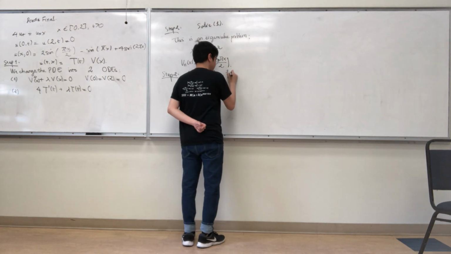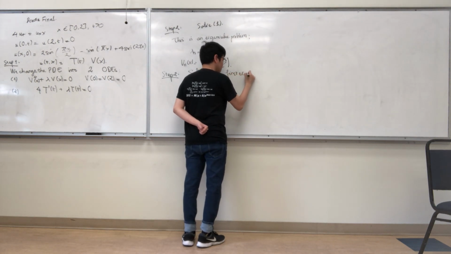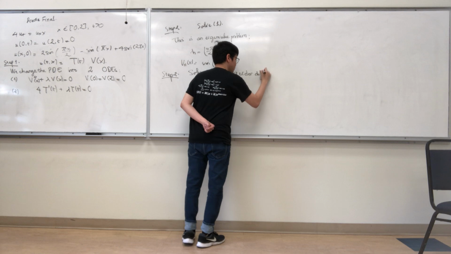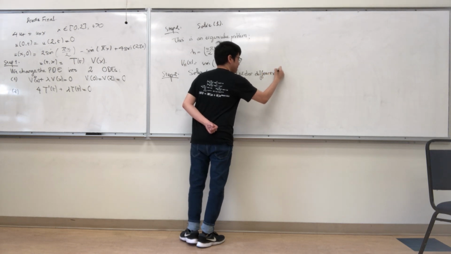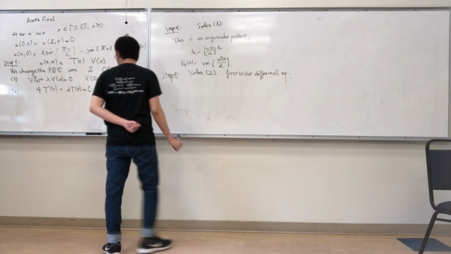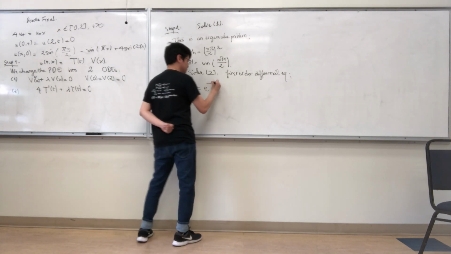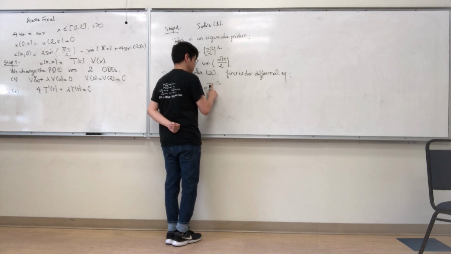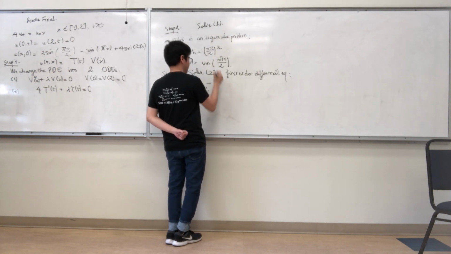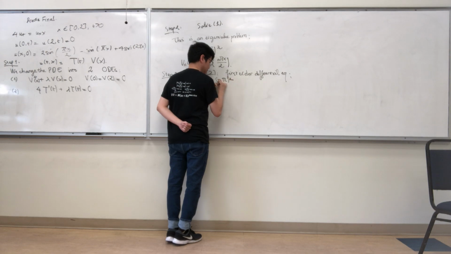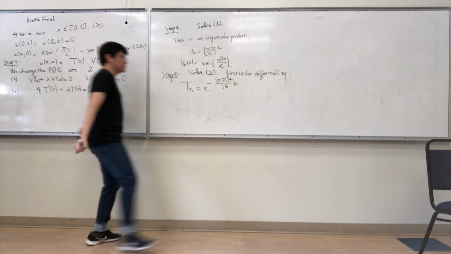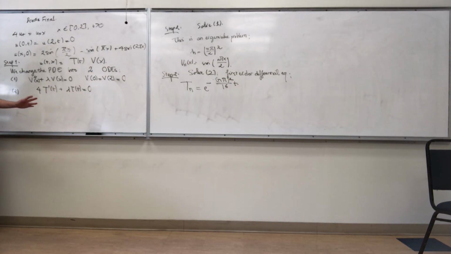This is a first order differential equation, and you obtain T_n = exp(−λ_n t), which is exp(−n²π² t/16 ). Solving this first order differential equation is very standard.